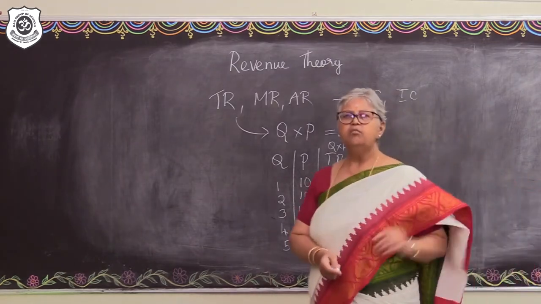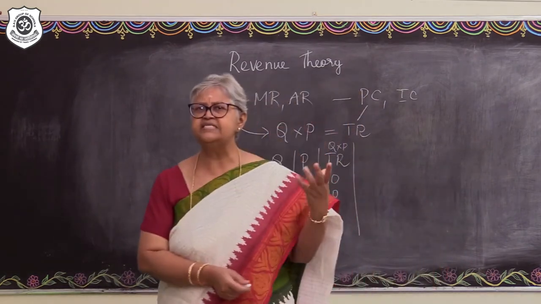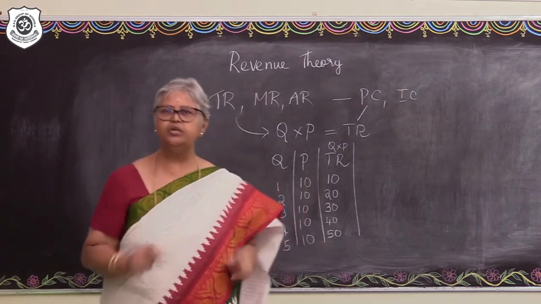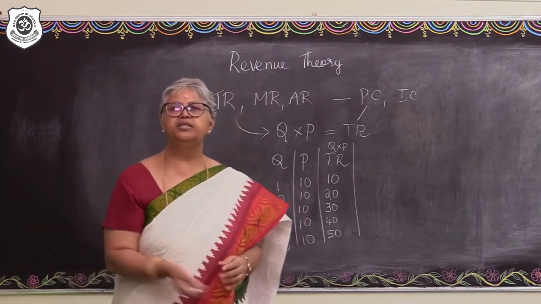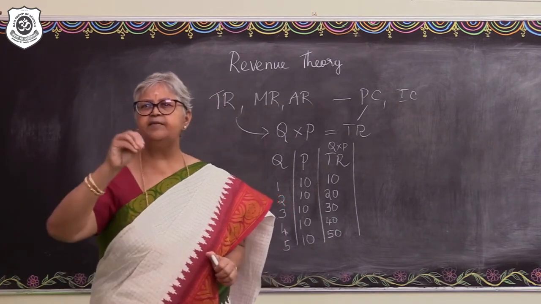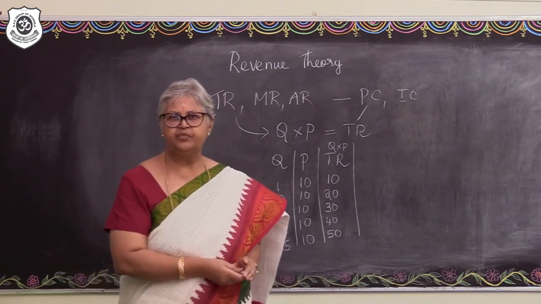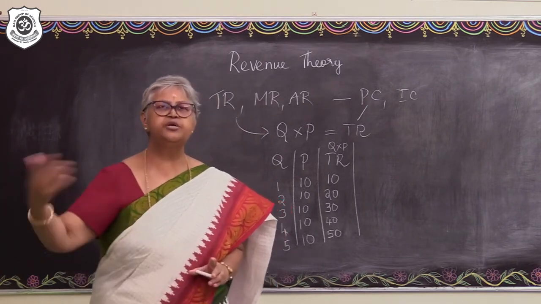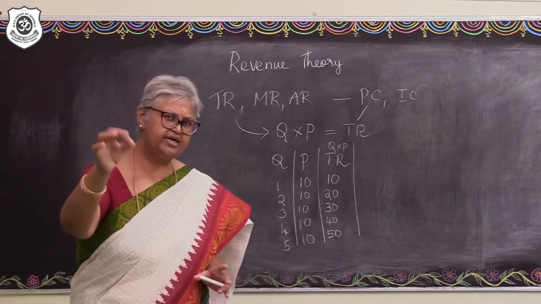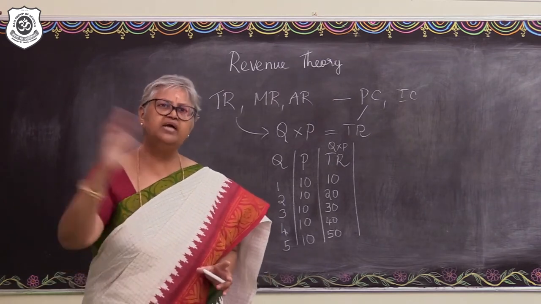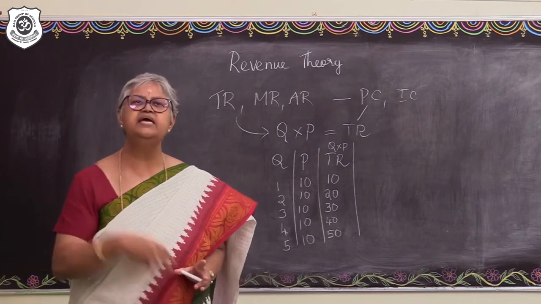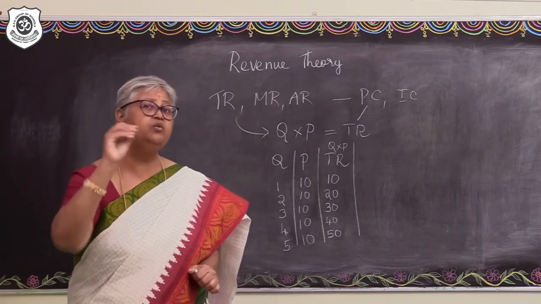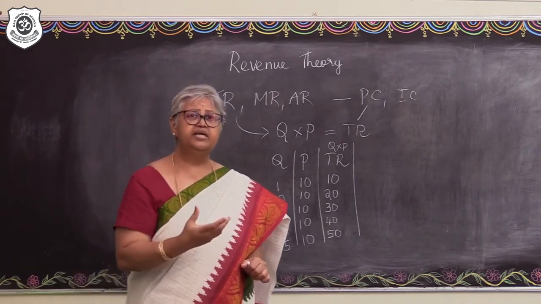Now, more than the total revenue, it is going to be the additional revenue, the per unit revenue that the entrepreneur is going to be more bothered about, because of fixing up of the price in the near future, and also to understand whether it's worthwhile to produce or not. If I produce an additional unit of output, what is the additional revenue that is going to be generated due to sale of that one particular unit of output? That would be the prime concern for any entrepreneur, isn't it?